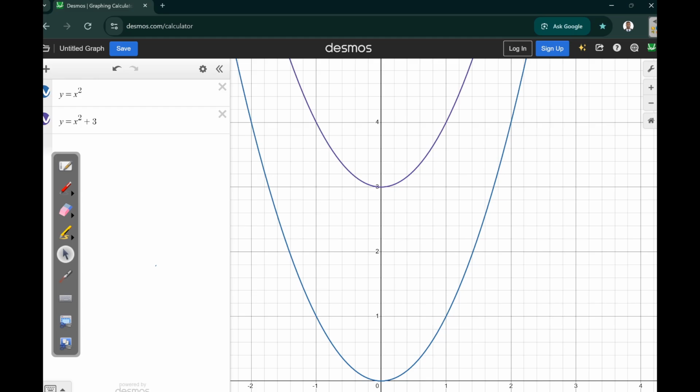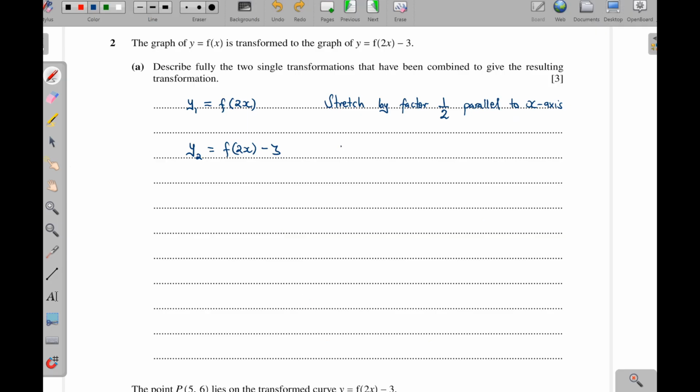So here we are going to have a translation by vector. There is nothing added or subtracted on the x, so the x movement is 0. And in the y, we have that minus 3. So this is our answer. It's a translation, the vector is this one, and then it's a stretch by factor a half parallel to the x-axis. And that is that.